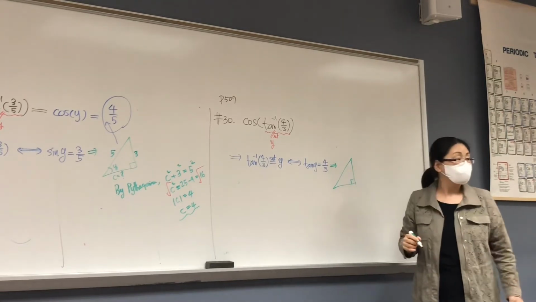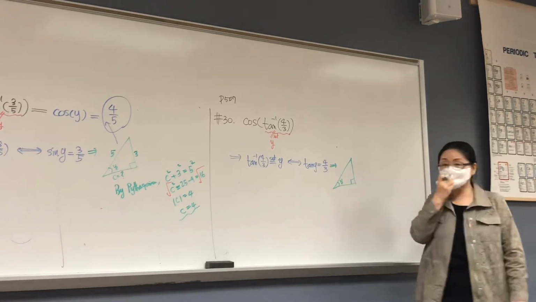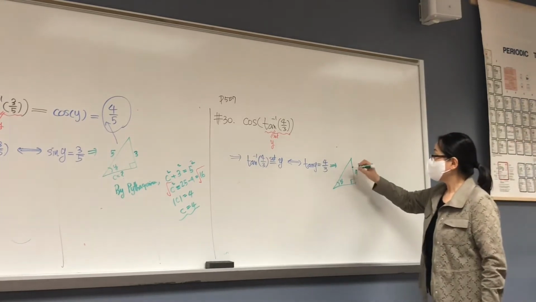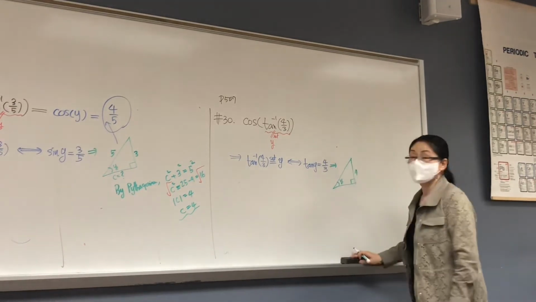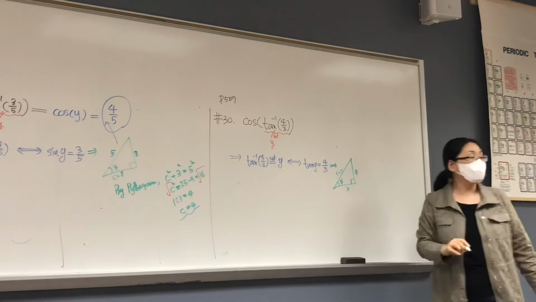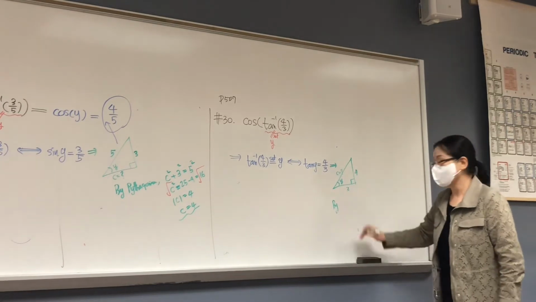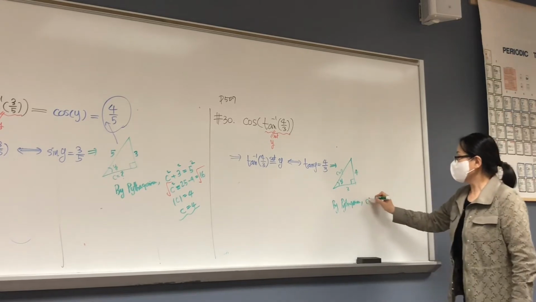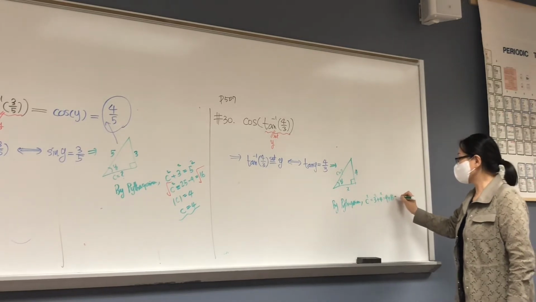What is your angle? y. And where is 4, where is 3? Tangent is opposite over adjacent, so 4 is the opposite and 3 is the adjacent. Then by Pythagorean, find C. C squared equals 3 squared plus 4 squared, which is 9 plus 16, 25.